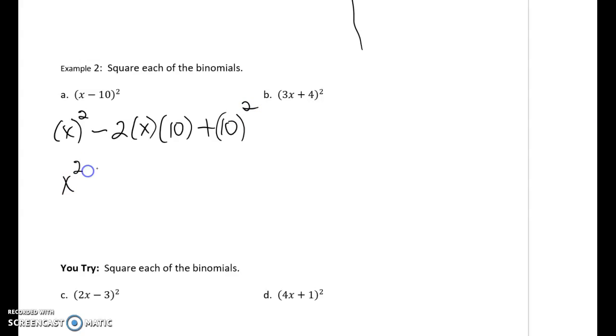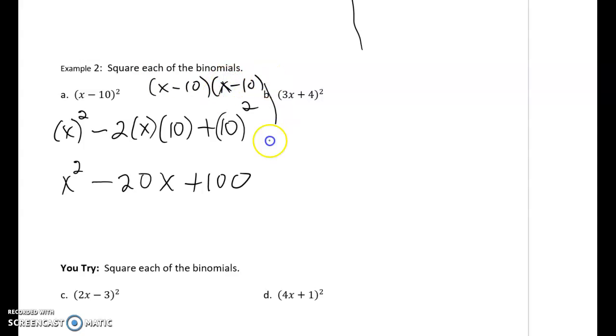So we got x squared minus 20x plus 100. If we were to actually write this out and multiply it out using FOIL, x minus 10 times x minus 10, you will still see that you get the same answer. But I just think this little shortcut here is a little bit more direct.